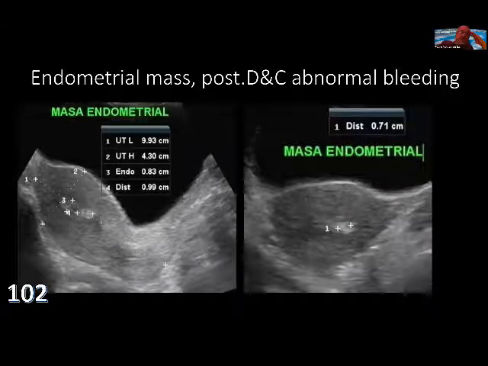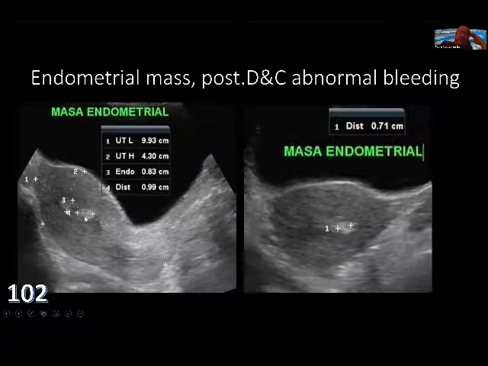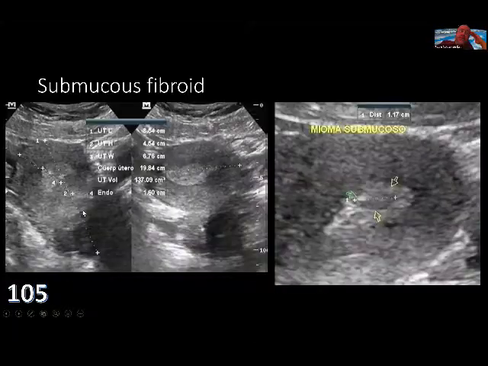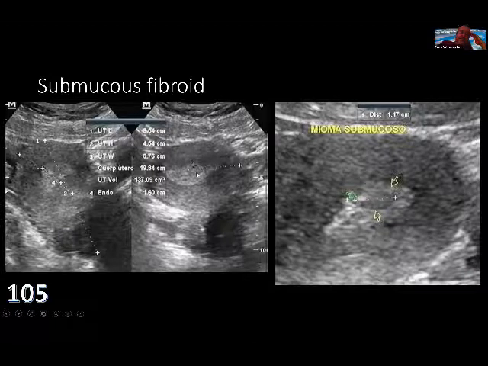Polyps show images very different in echogenicity than endometrium or myometrium. That can be a polyp, and that can be a polyp. But this is a fibroid, see?